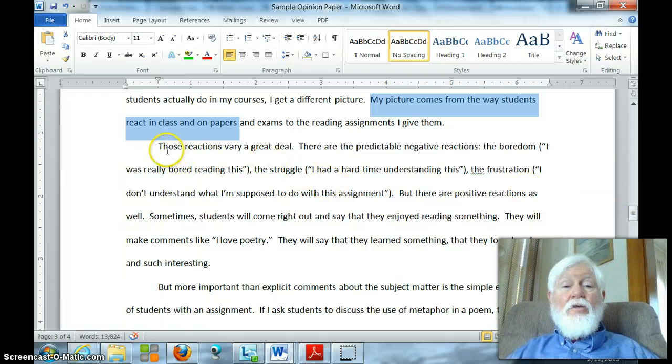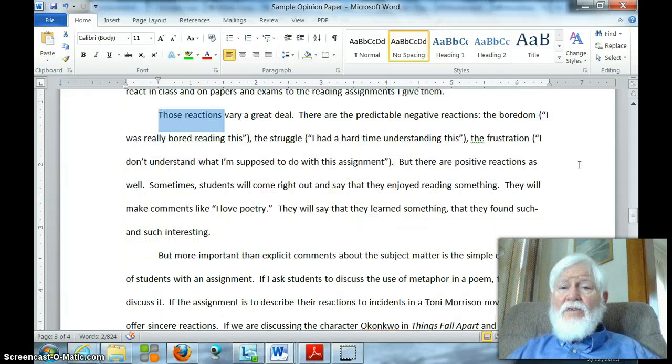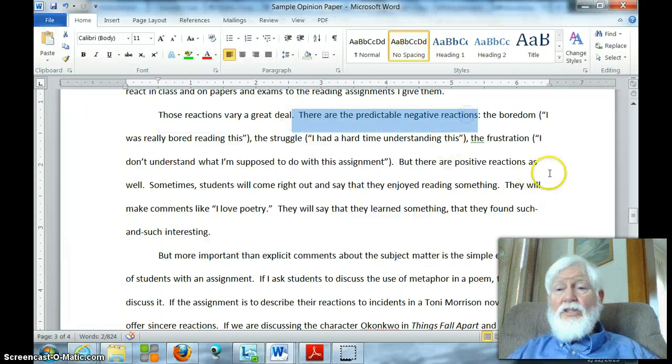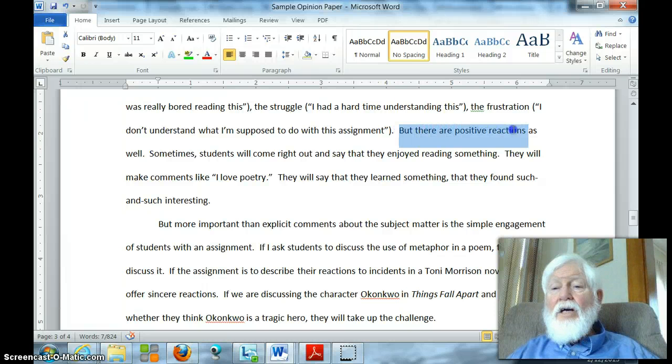And those reactions, that is the way students not only react to or behave, but with what students actually think about, what their attitudes are, and so on. Those reactions vary a great deal. There are the predictable negative reactions, okay? But there are positive reactions also.